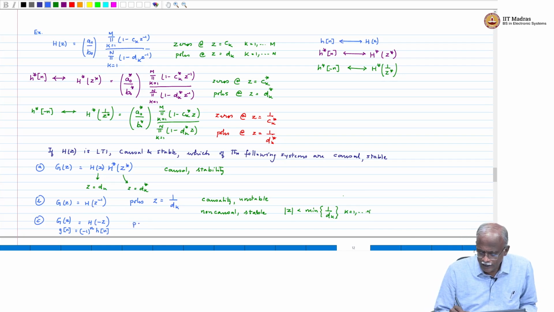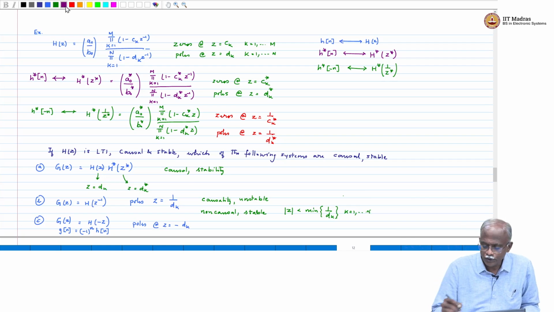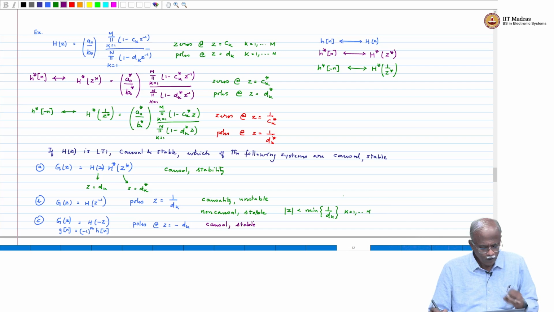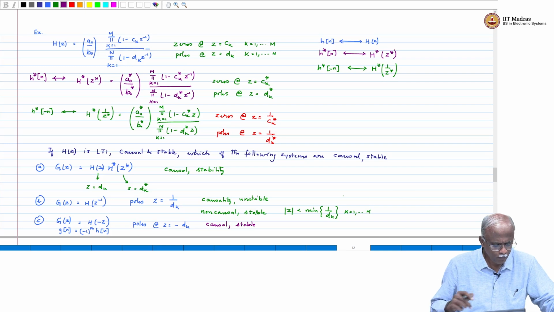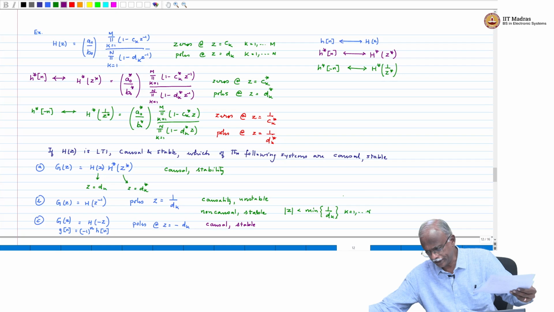So we can easily verify that the poles are now located at z equal to minus dk. Which means that in terms of radius, same radius, this system can satisfy causal and stable. I hope you are comfortable with it. It is important to be able to apply these concepts and be comfortable in terms of the interpretations.